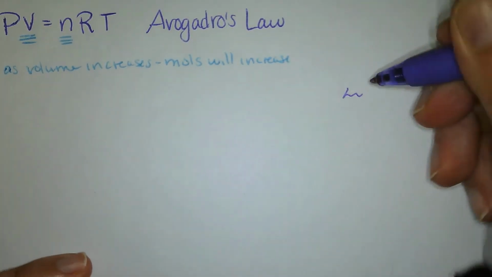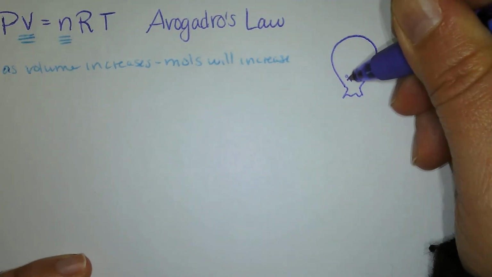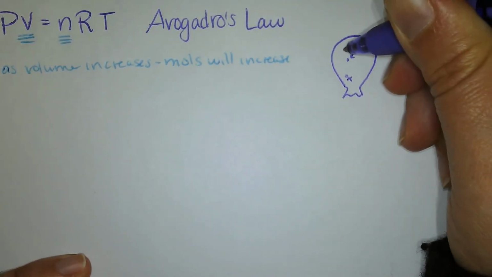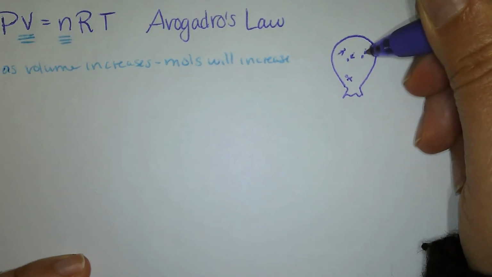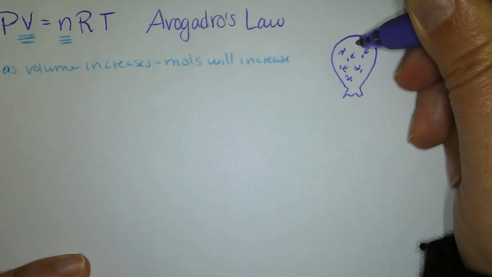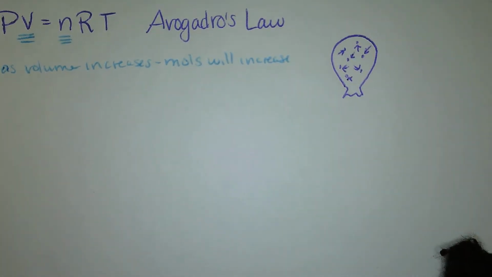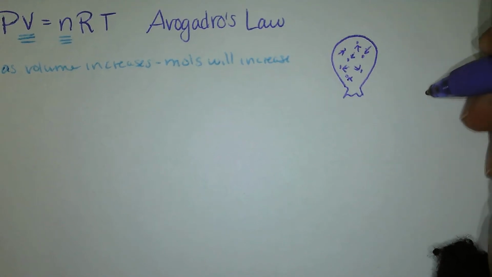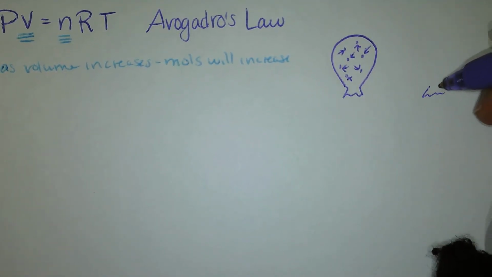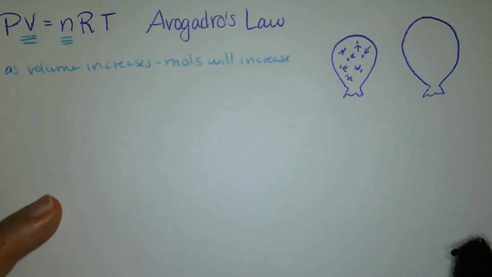And here's a balloon, of course. And this balloon has, I don't know, 2, 3, 4, 5, 6, 7 particles flying around, 7 molecules, whatever you want to say. So clearly, if we make the balloon bigger, that's going to increase the volume. And if the volume is increased, guess what?